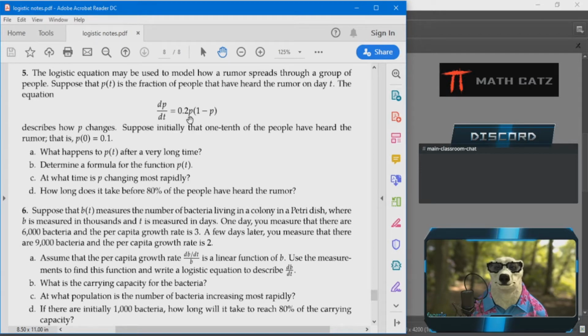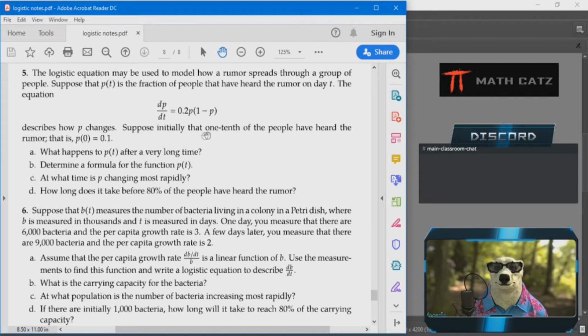It's proportional to the quote-unquote population size and the gap to 100% capacity, of course. So 1 is my capacity. And that describes how P changes. So not a y, I'm going to use a P.